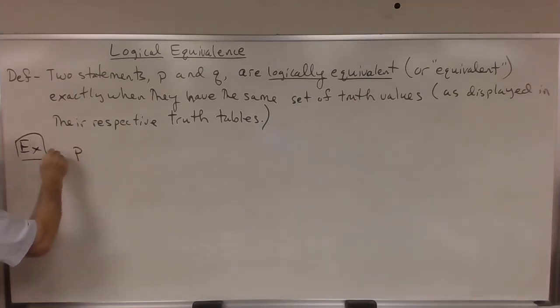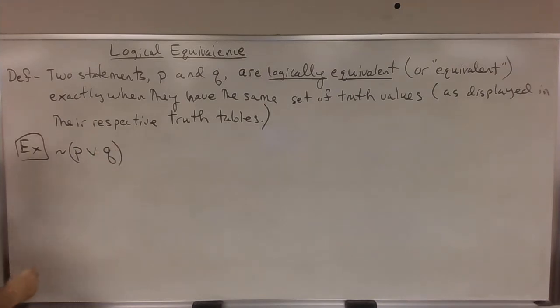Consider the statement not (P or Q). And we'll do the truth table for that. We have P, we have Q. So there are four possible combinations of truth values. We go true, true, false, false.